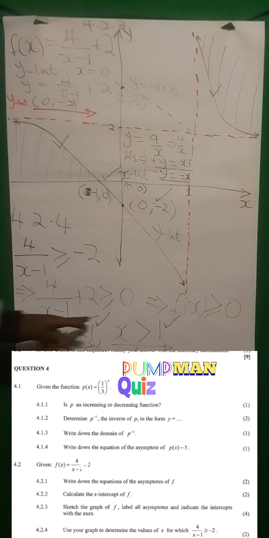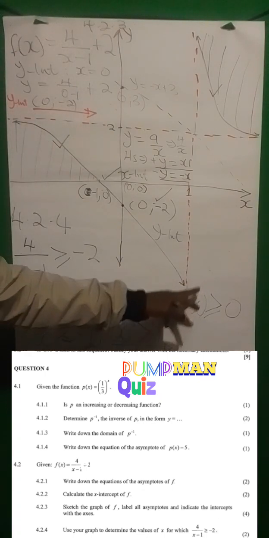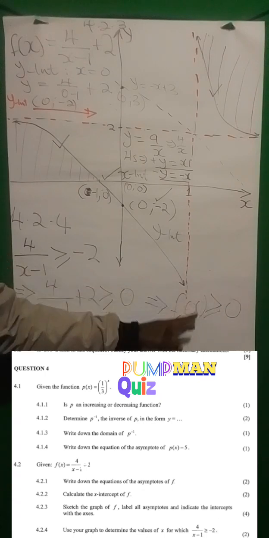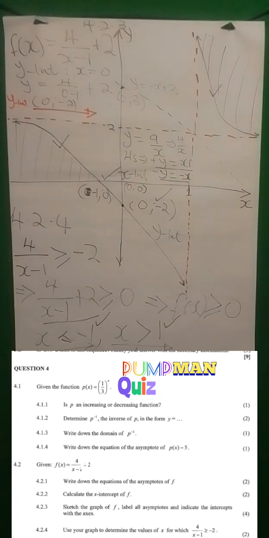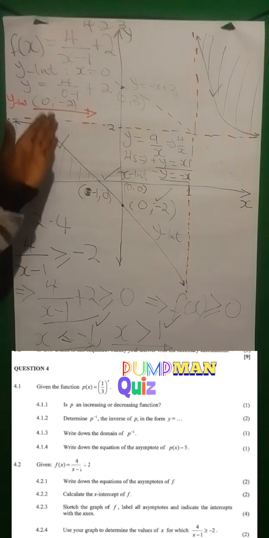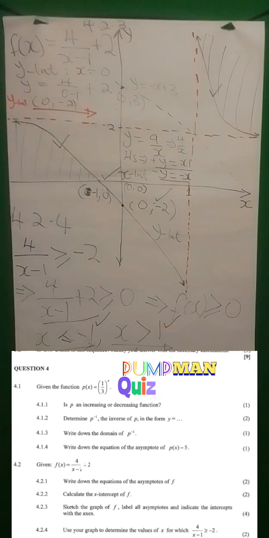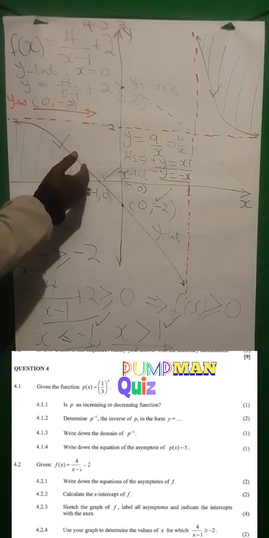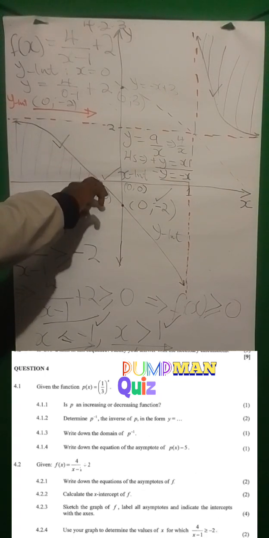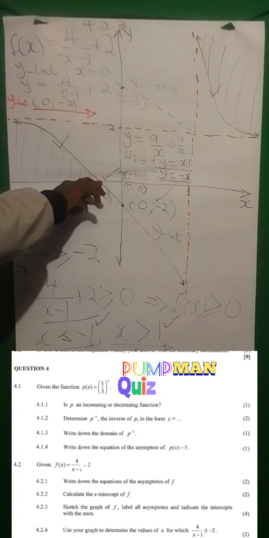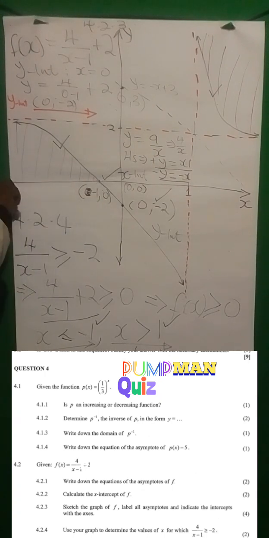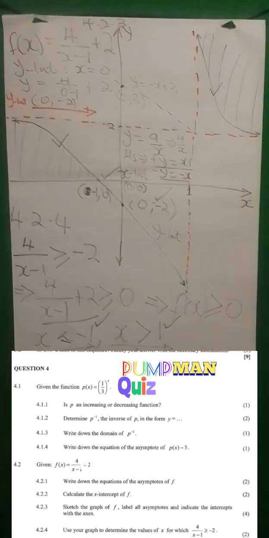So in other words, they're asking you to determine the values of x for which f of x is greater than or equal to 0, which is basically the region of your graph that is either at the x-axis or above the x-axis. So that will be this region where your graph is above the x-axis, and your f of x is equal to 0 when it is cutting the x-axis, because this is our line of y is equal to 0.